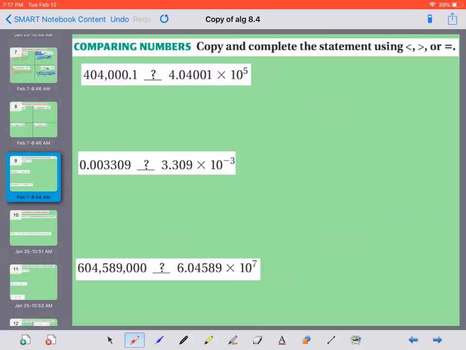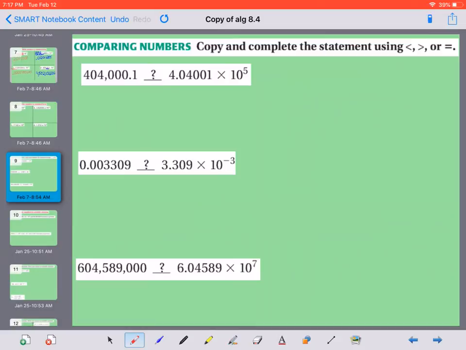Alright, now we are completing these statements using less than, greater than, or equal to. So our first number is 404,000.1. We need to see if 4.04001 times 10 to the 5th is the same, less than, or greater than that number.